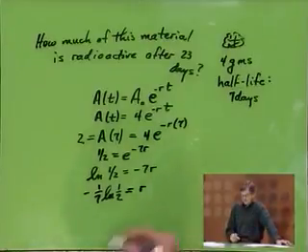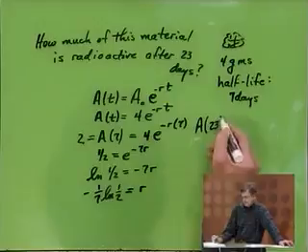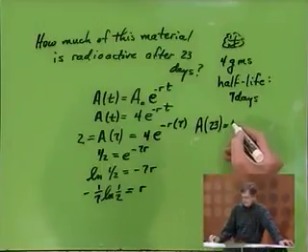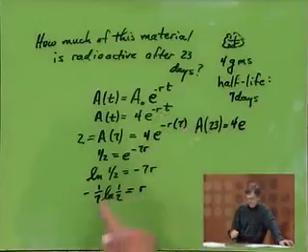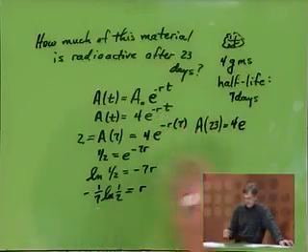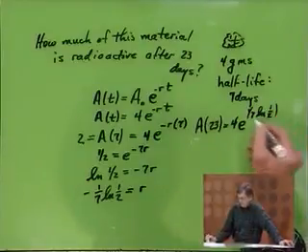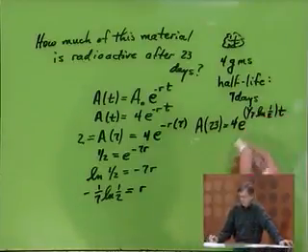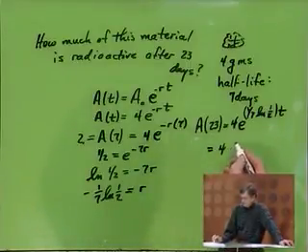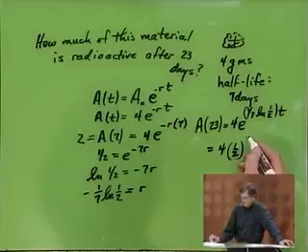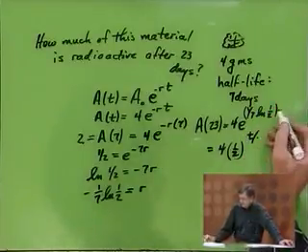So if I want to find out how much is left after 23 days, I'll have to compute A of 23, and that's going to be 4 times e to the negative r power. Now I already have a negative on that, so it's the 1/7 ln 1/2 times t, which is 4 times 1/2 to the t over 7, oops, that should be 23 for t.